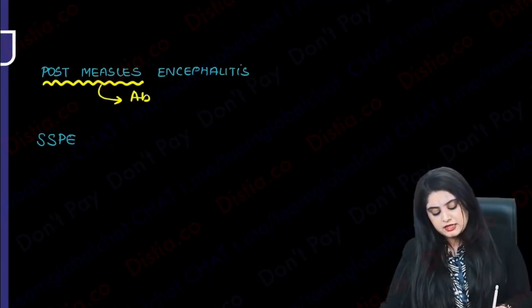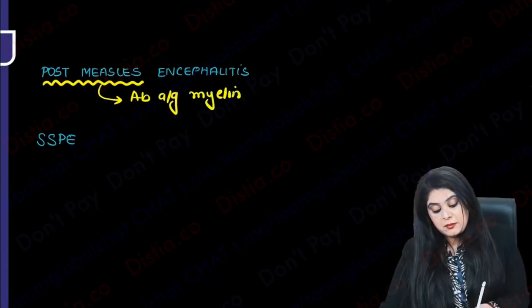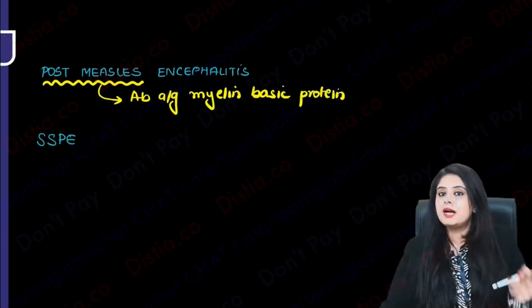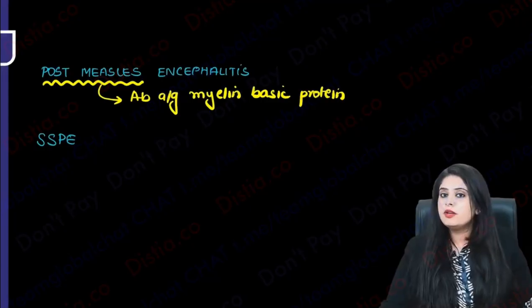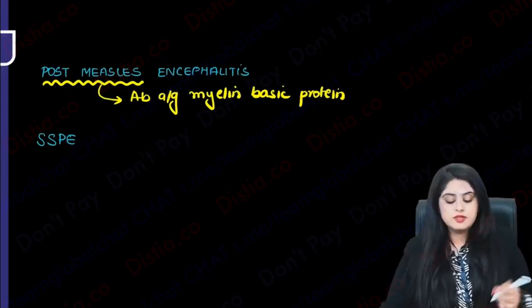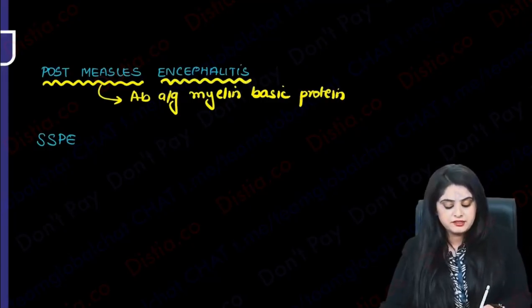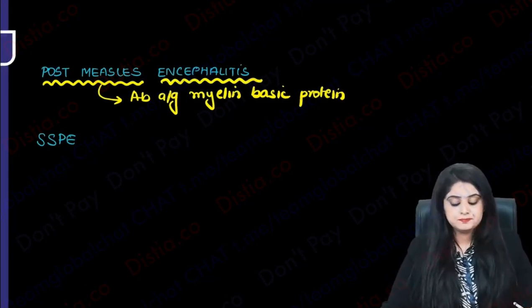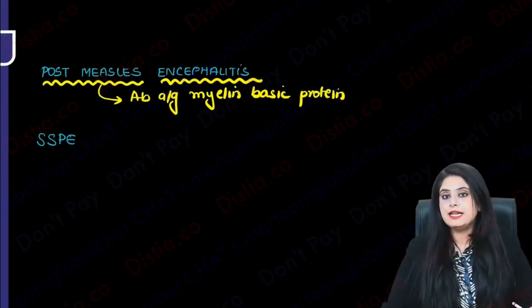Antibodies are formed against myelin basic protein. Now use common sense: if there are antibodies against myelin, myelination will be affected, demyelination will occur, and the patient will land up with encephalitis. So the reason for post-measles encephalitis is myelin basic protein getting damaged.